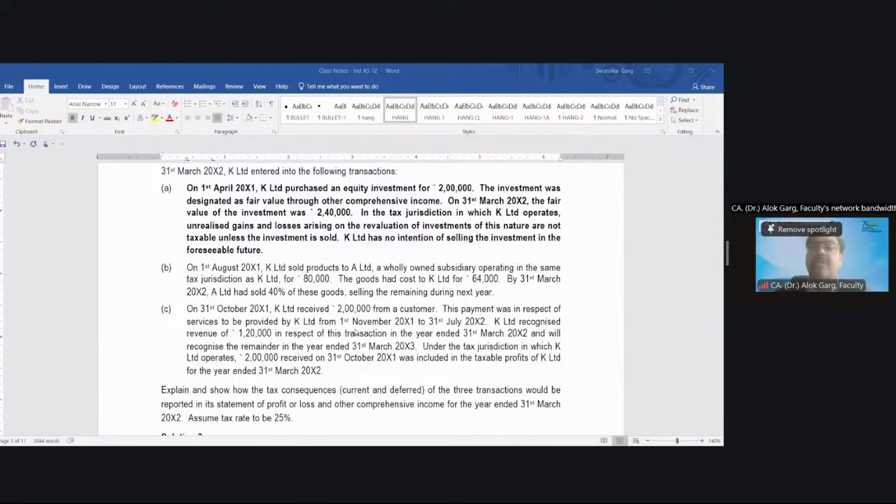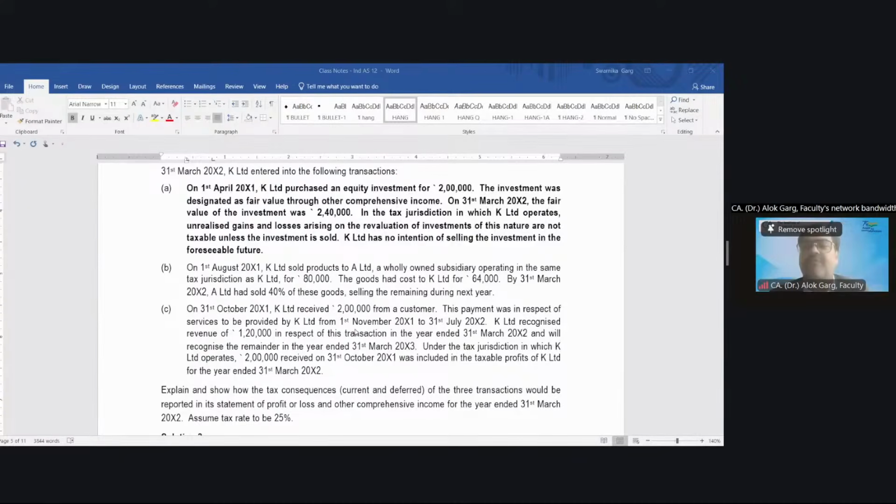You have to apply the balance sheet approach. In your balance sheet, this investment will come at 2.4 lakh. What is the tax base of this investment? 2 lakh, because in Ind AS 109 the financial asset has to be fair valued. So my tax base is 2 lakh and my book base is 2.4 lakh.